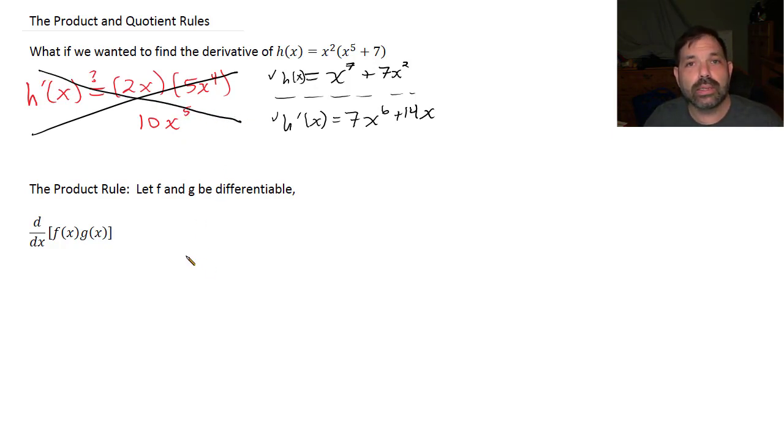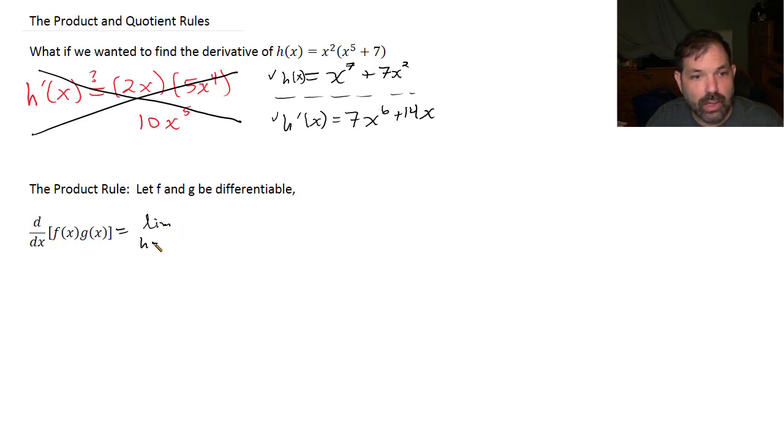If we see a product of functions and we wish to differentiate that, we cannot simply differentiate the first factor and multiply it times the derivative of the second factor. It simply doesn't work. So instead, let's develop a product rule. Let's assume that f and g are differentiable, and we want to find the derivative with respect to x of f of x times g of x. Well, let's apply the limit concept.